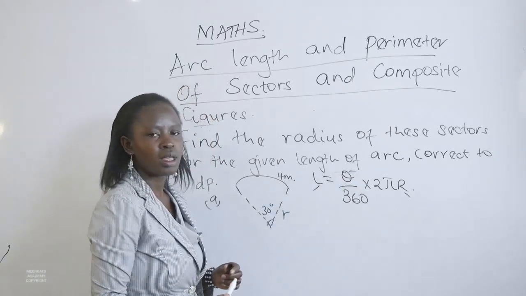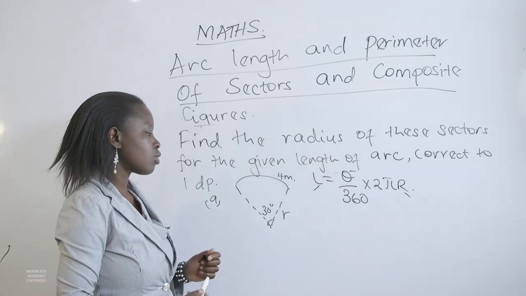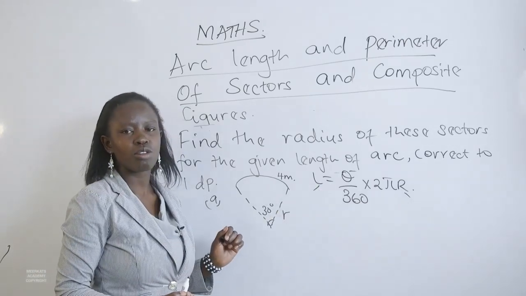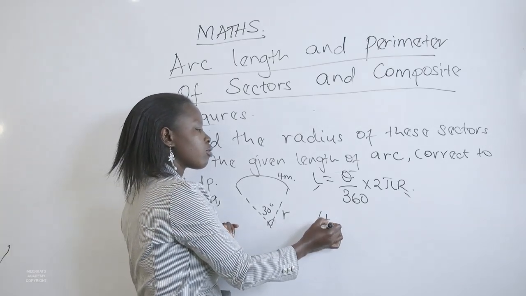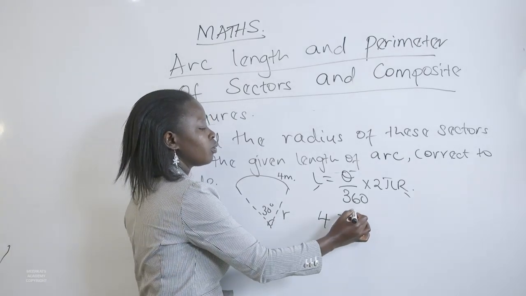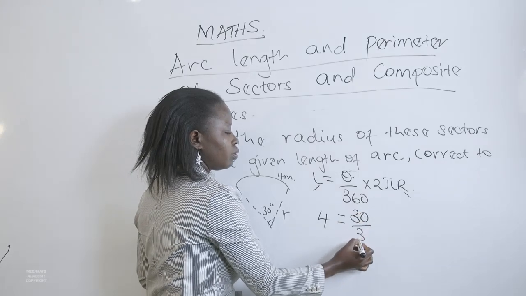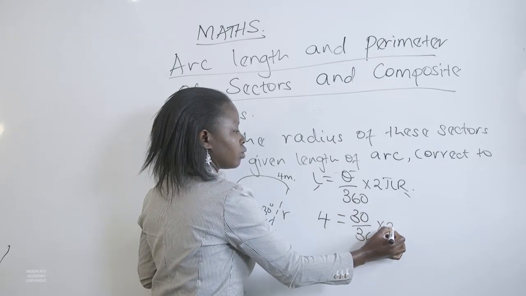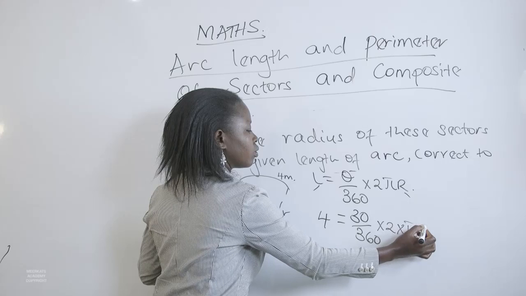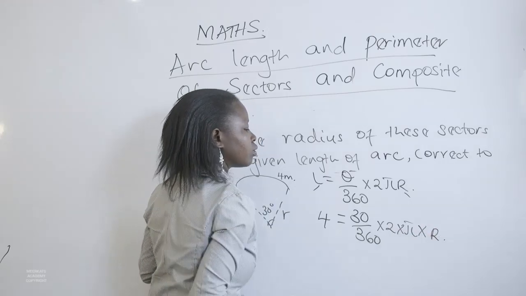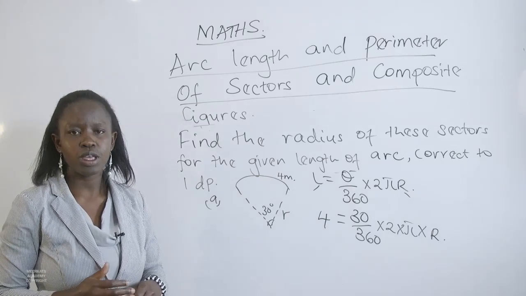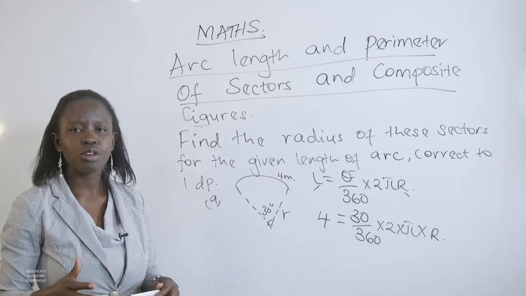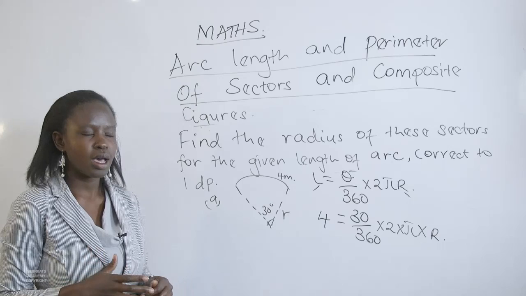Whatever we are missing is the radius. So if I substitute the values I have in my equation, then 4 will be equal to 30 over 360 times 2 times pi times r.